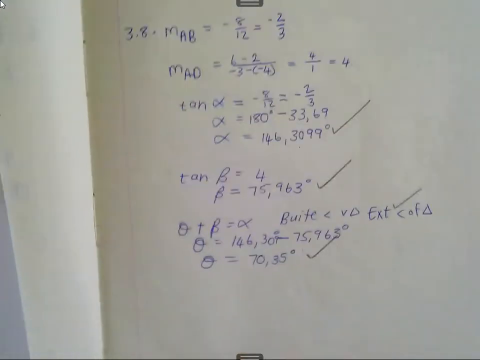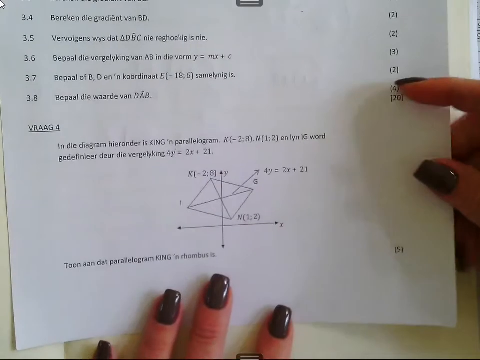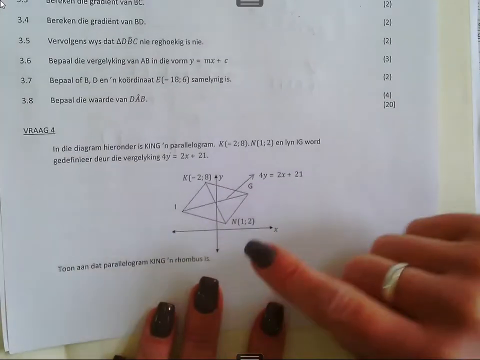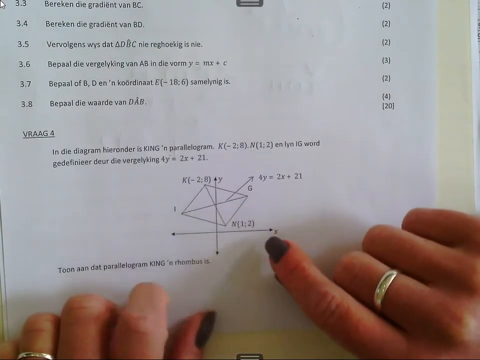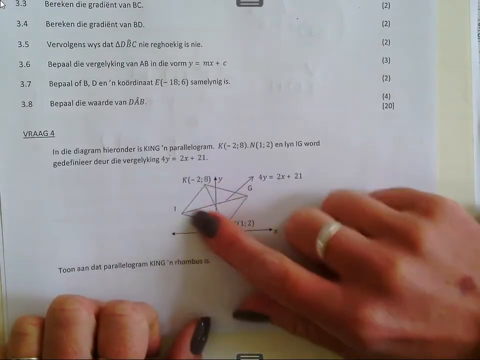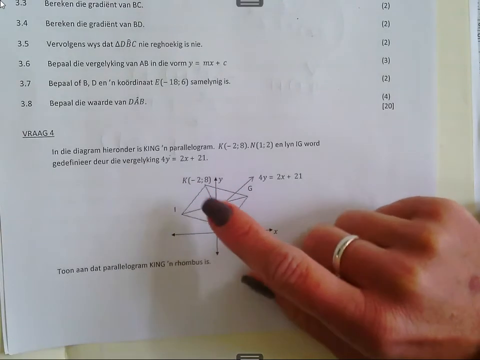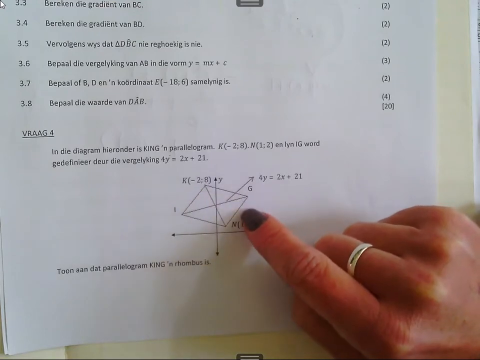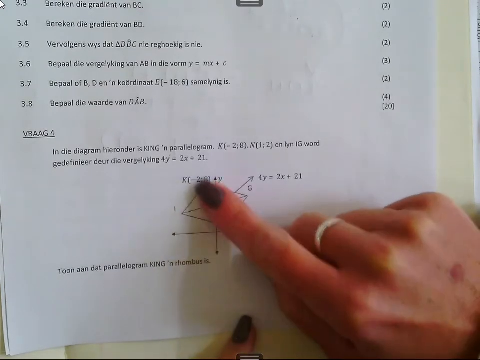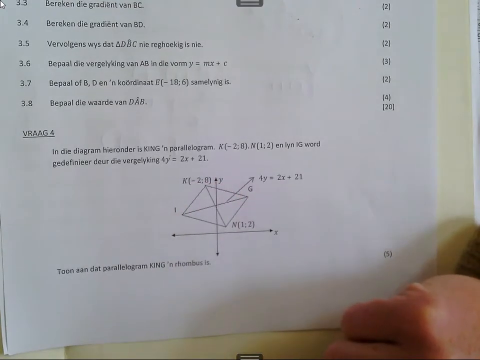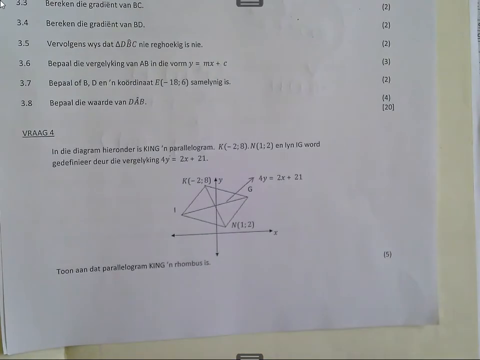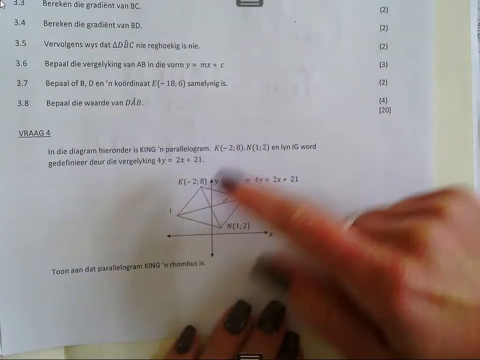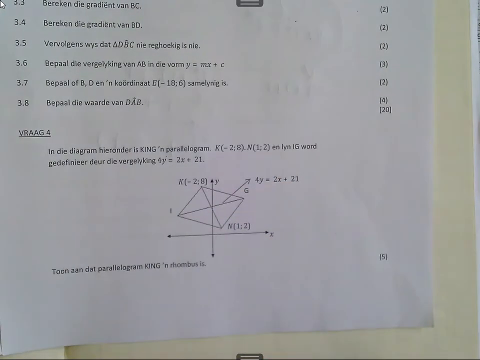Okay, let's look at the diagram. So what I have is this parallelogram. I have to show that it is a rhombus. So can I show that the diagonals bisect? No, a parallelogram's diagonals bisect as well. Can I prove equal sides and parallel opposite sides?